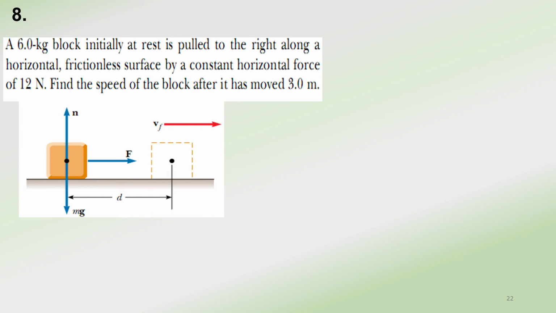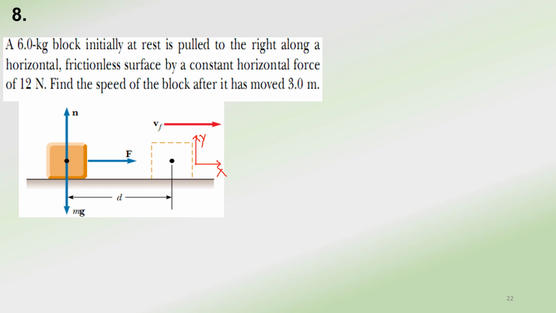Then we have this body, this block, which is pulled by this force in the direction of the positive x-axis, because we have the positive x-axis and the positive y-axis.